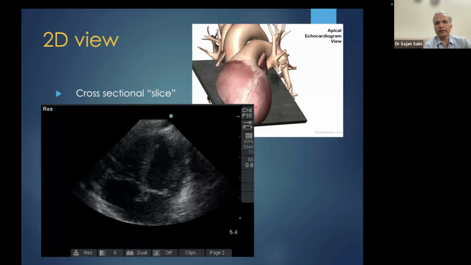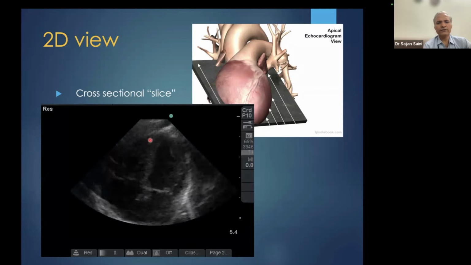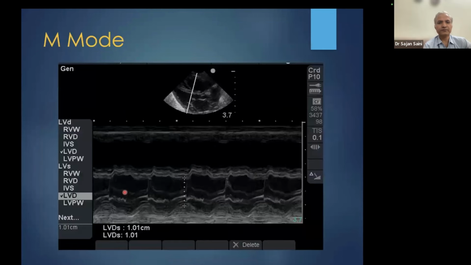So this is the left ventricle, and this is the right ventricle. This is the left ventricle, and this is the right atrium. So once it is cutting the heart through and through, the heart appears in a way that this is the left ventricle, left atrium, right ventricle, and we see this type of structure on the screen. So this is the 2D, two-dimensional image.